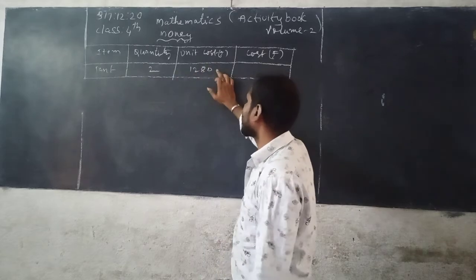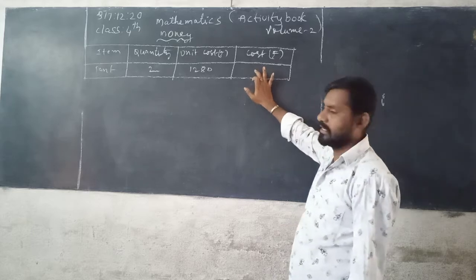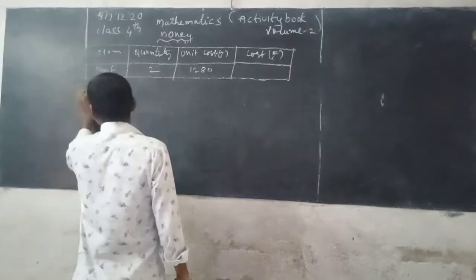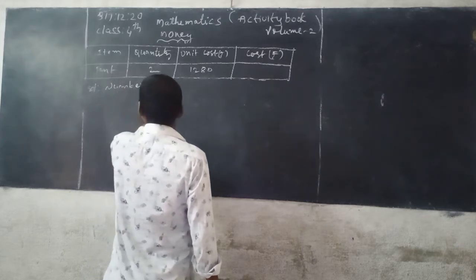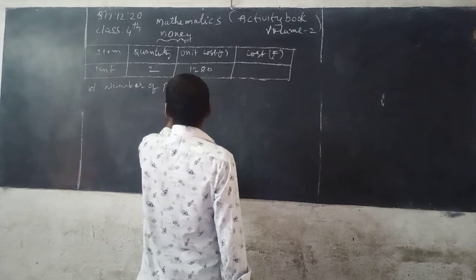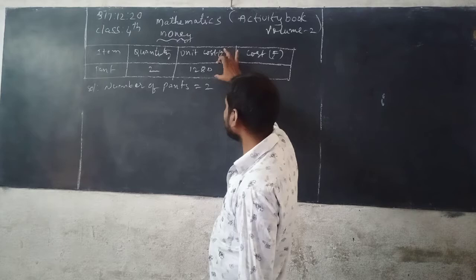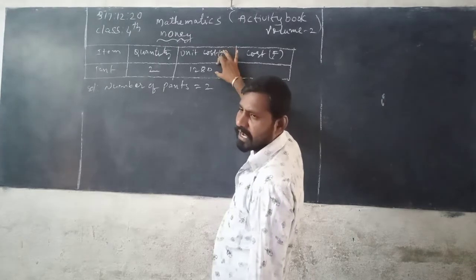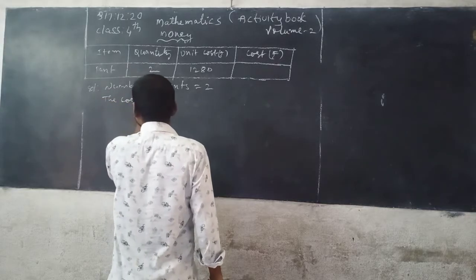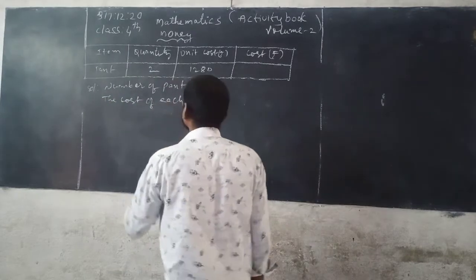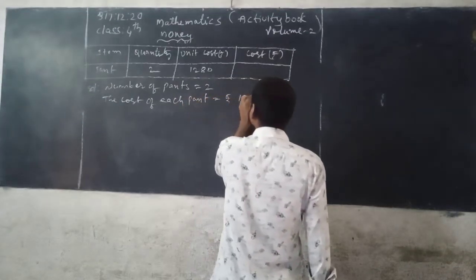Here unit cost means the cost of each pint, 1280. You can find out the total cost. Solution: number of pints is equal to 2. The cost of each pint, unit cost means the cost of each pint, is equal to 1280.